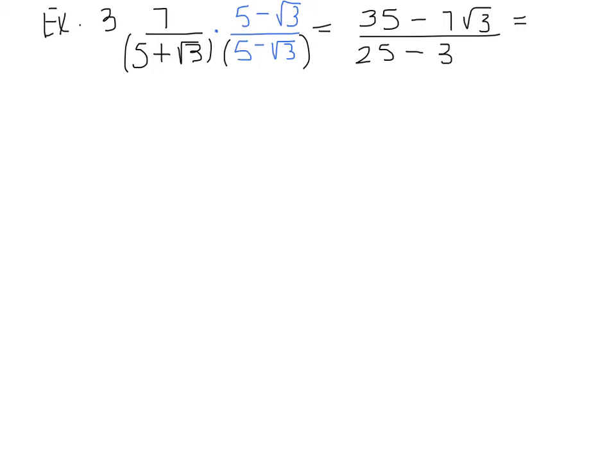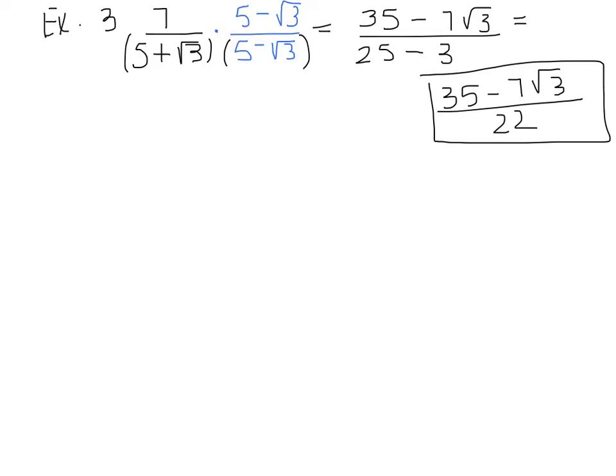And then on the top, you're just going to get 35 minus 7 square root of 3, and on the bottom you'll get 22. And that's your answer.